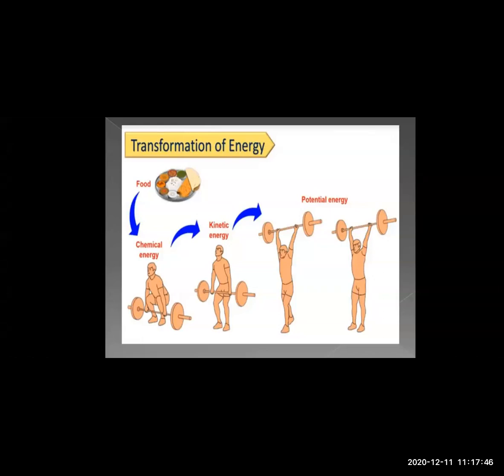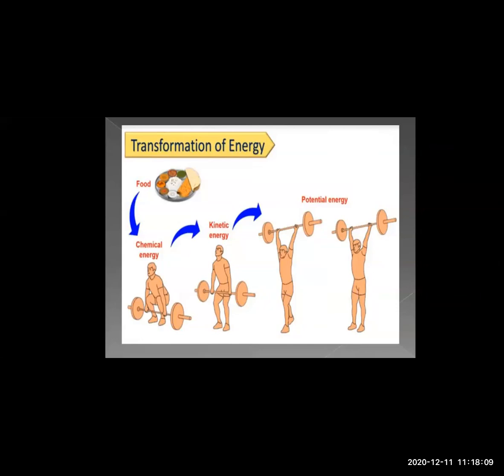Here you can see a very good example of transfer of energy. Here we have seen that the three types of energy which we have studied are coming together to perform some activity. Okay, so what is the work for this man in this activity? To lift the weight. That is the work.